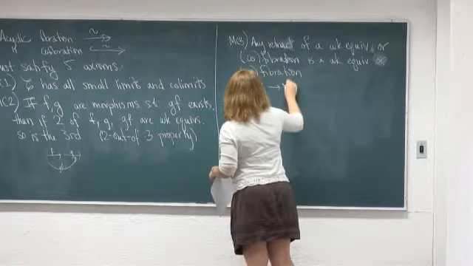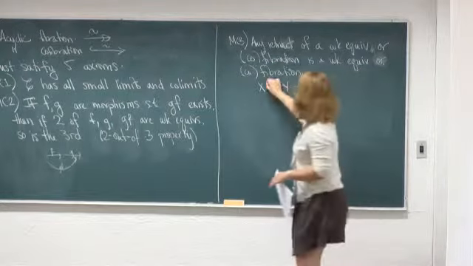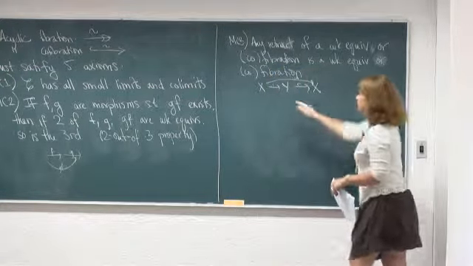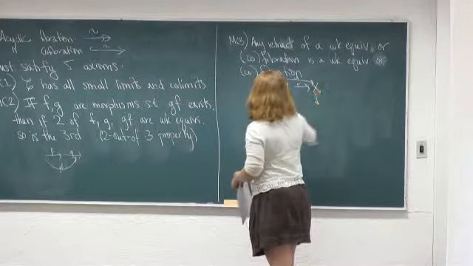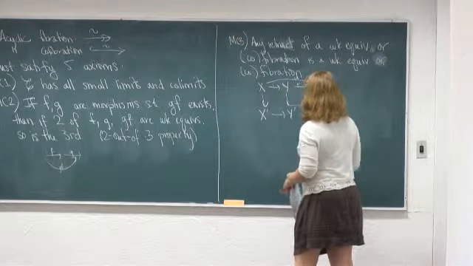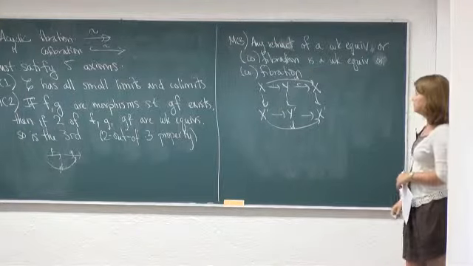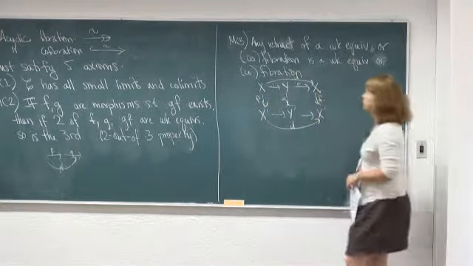With retracts of objects, you compose to the identity. Here you have maybe some x prime and some y prime, and this would mean that f here would be a retract of g.